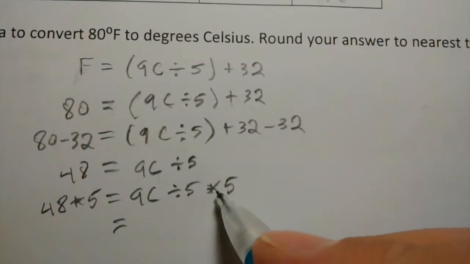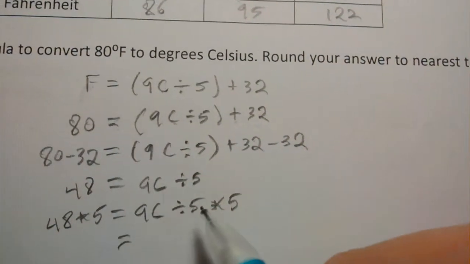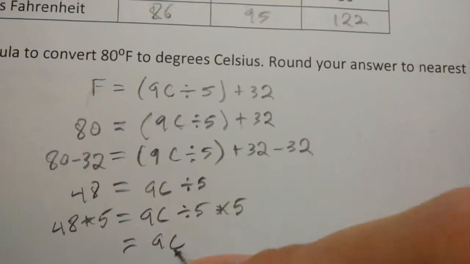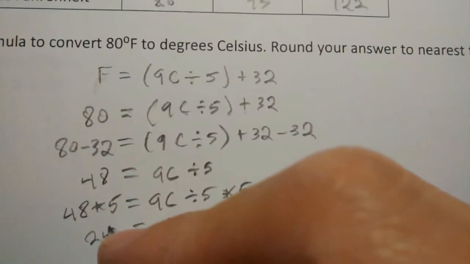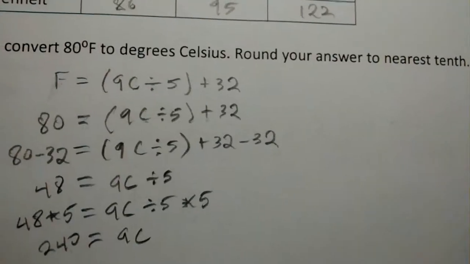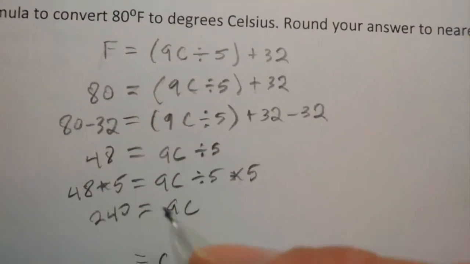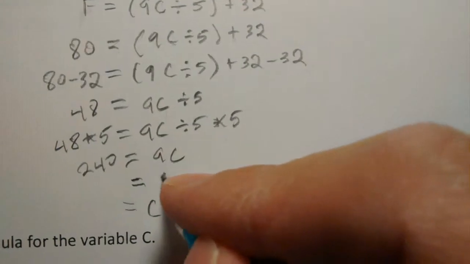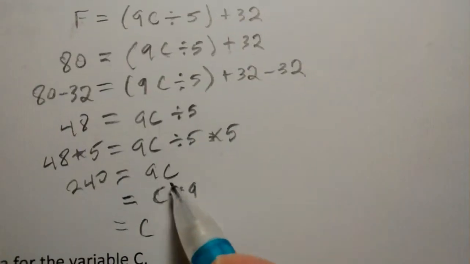So this undoes this operation, and hopefully you see that they undo each other, and it just leaves me with 9C here. Multiplying those two should give me 240. And I'm going to take one more step in between here and write this 9 times C as C times 9, since that operation commutes.